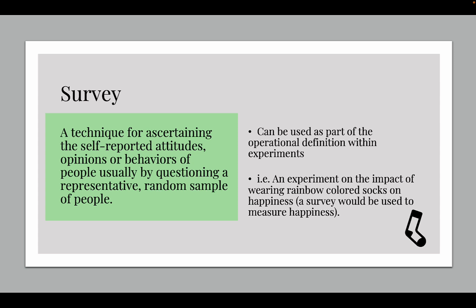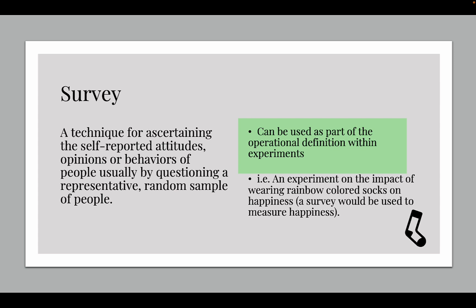You get together with a research team and you come up with a series of questions that are representative and random sample of people. You know what a survey is. You answer the questions and then it can be used as part of the operational definition within your study, right?